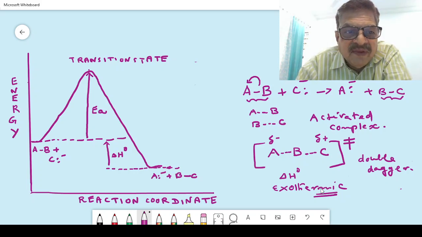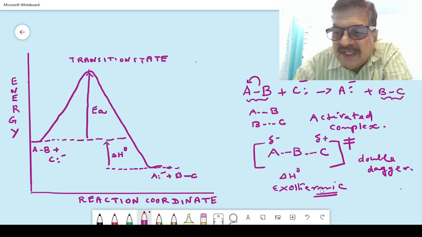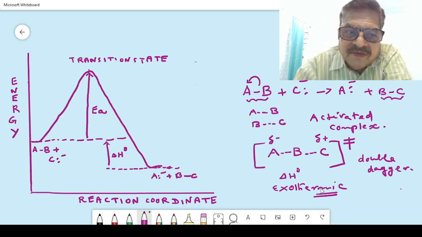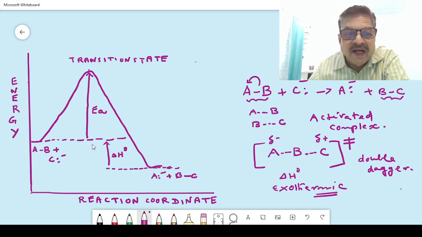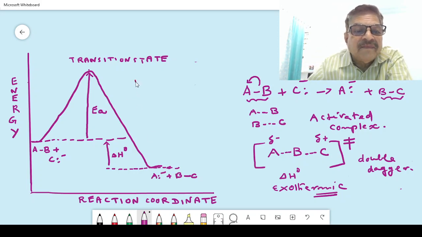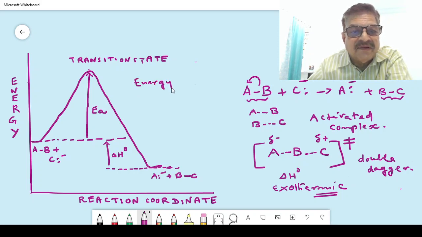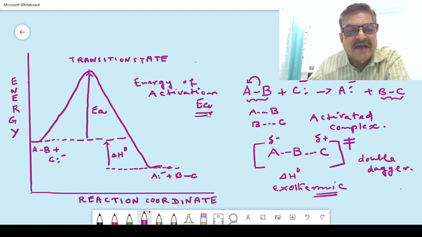Now, an important point: the energy difference between the transition state and the starting materials is called the energy of activation, EA. This is important because it indicates the rate of the reaction. What is the significance of this energy of activation, EA?